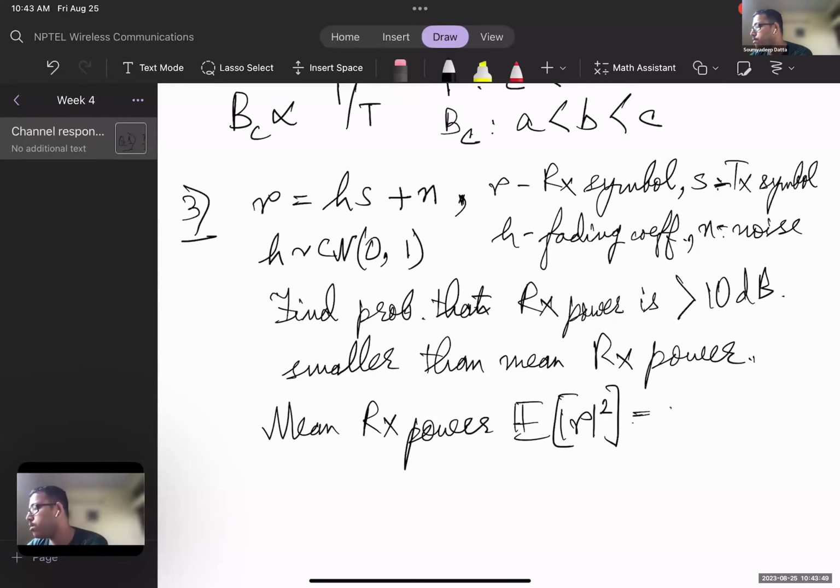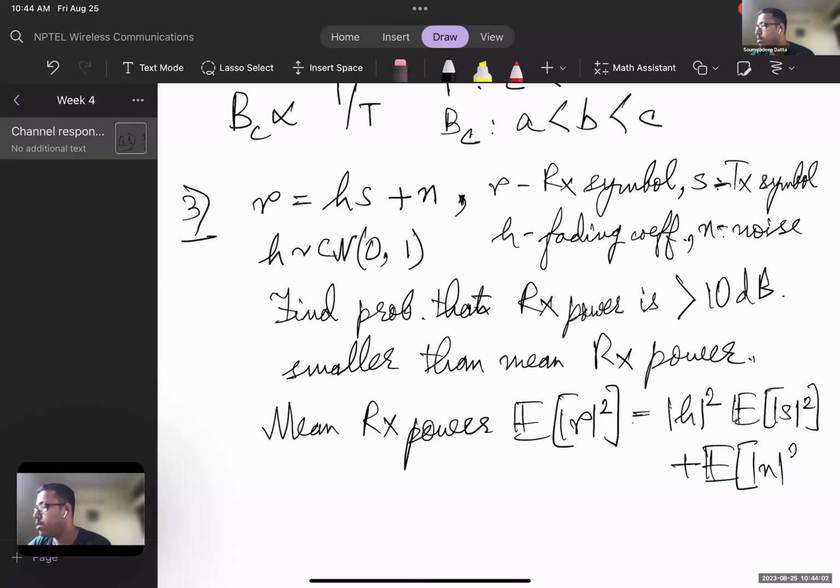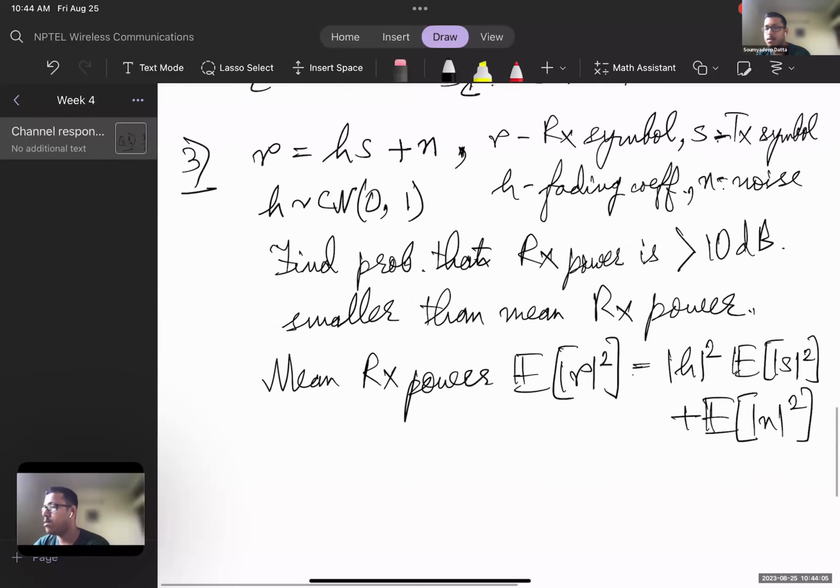So I'll just have mod h square, then the expectation of signal square plus the expectation of n square, because the cross term will just go to 0.